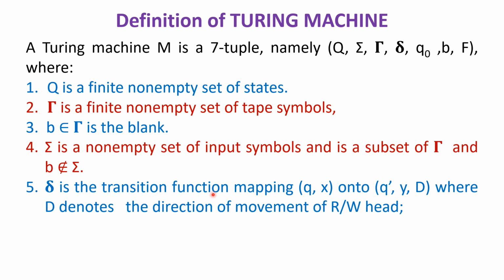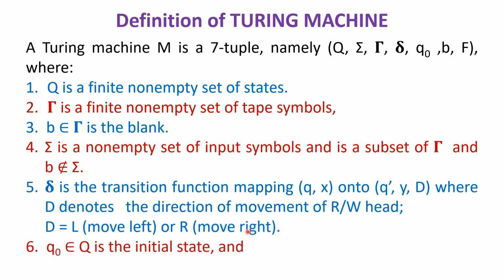Delta is a transition function mapping the current state and the current input symbol headed by the read-write head on the tape onto the next state, a change in the symbol on the tape pointed to by the head, and D representing the direction of the read-write head movement, L representing move towards the left, or R representing move towards the right of the current cell.